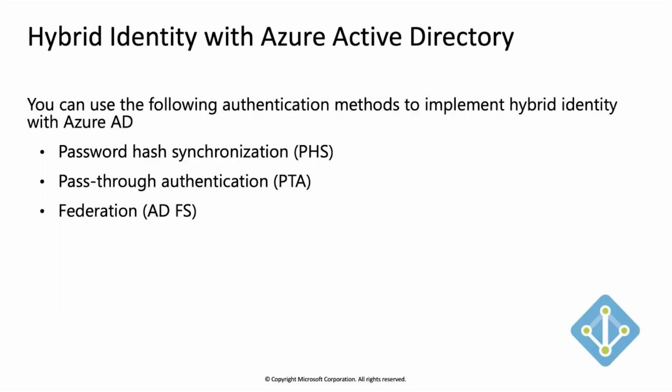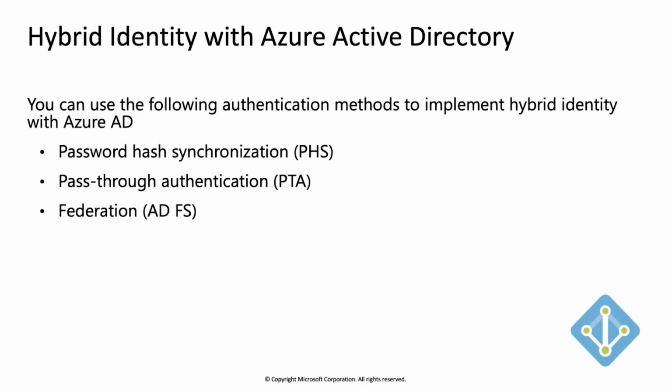When it comes to hybrid identity, one of the other factors in decision making is which authentication method. How many authentication methods can you see? You've got three: federation service, pass-through authentication, and password hash synchronization. With password hash synchronization, the password hashes from your on-prem Active Directory can be synchronized to Azure AD.